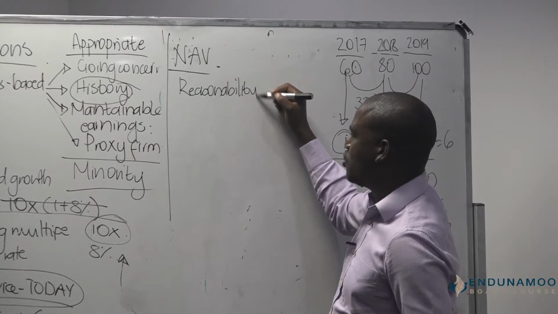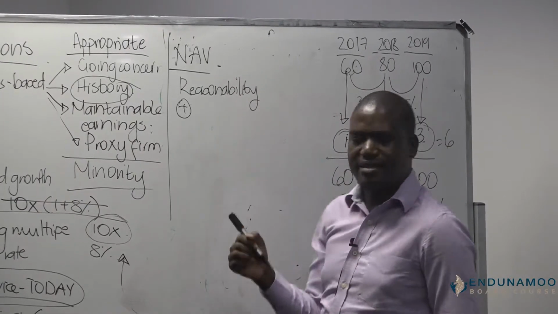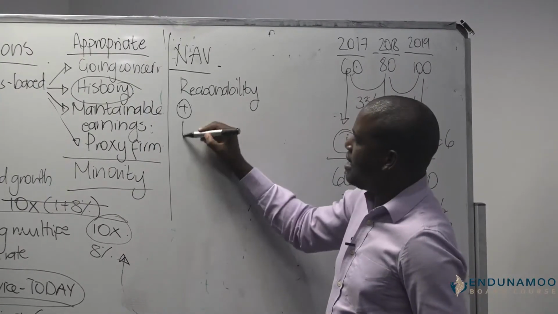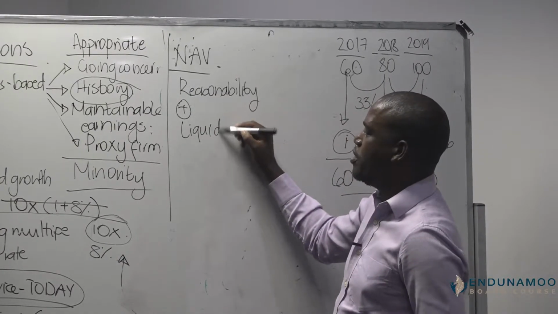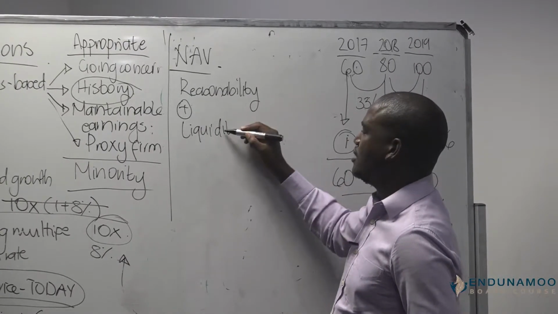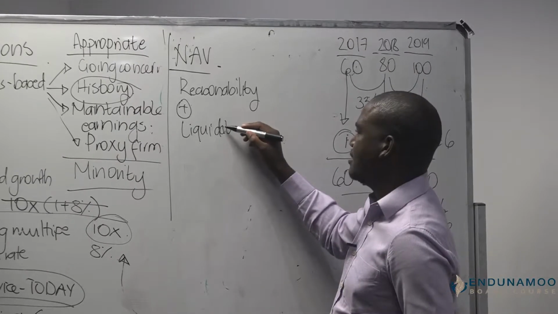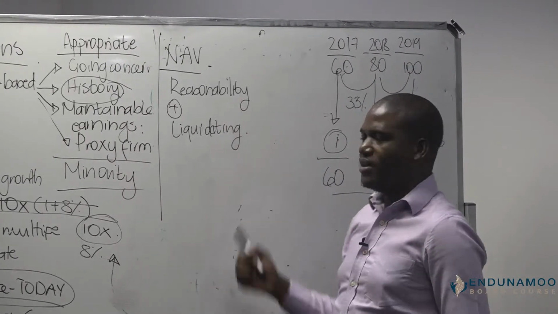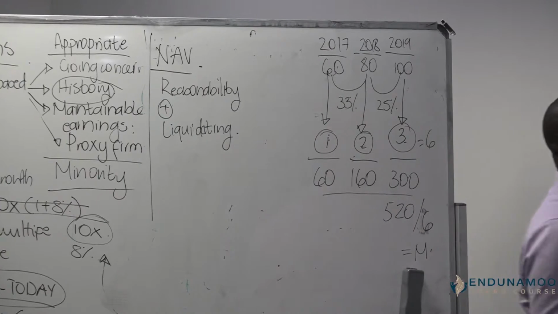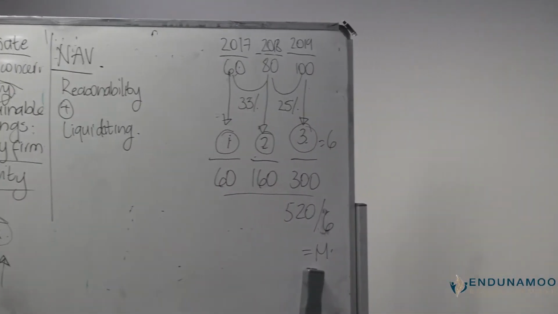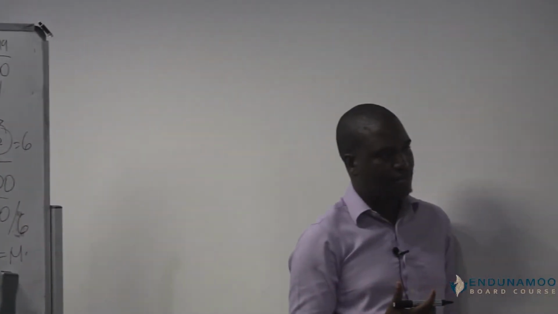When is it so, and where else? If the entity is no longer a going concern, it's what? It's liquidating. So in other words, it's planning to sell all its assets and liabilities today.